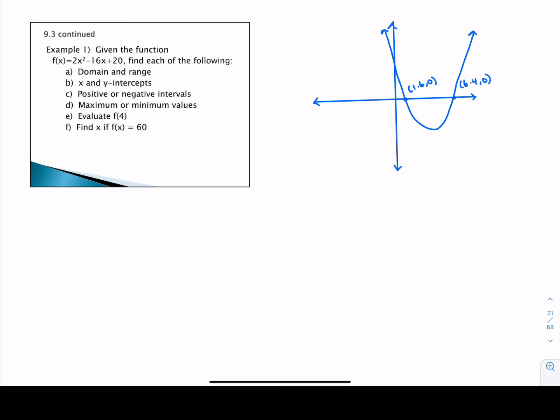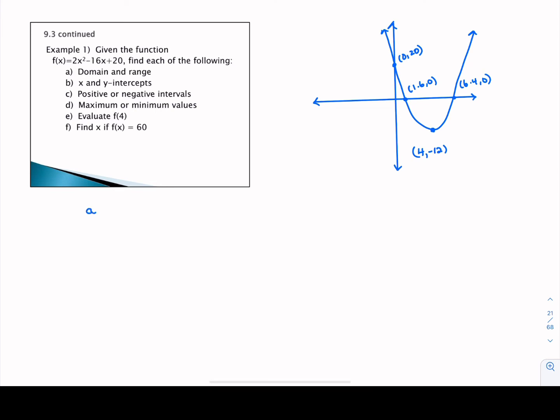So those were the coordinates of the intercepts for the x's and the y values. And obviously I haven't done this to scale, but that coordinate was 0, 20. The last piece of information we wanted to find was the low point on that vertex. So that coordinate, when we found it, was 4, -12. So now that we have all of those important points labeled, we can go ahead and answer all of the questions that follow.